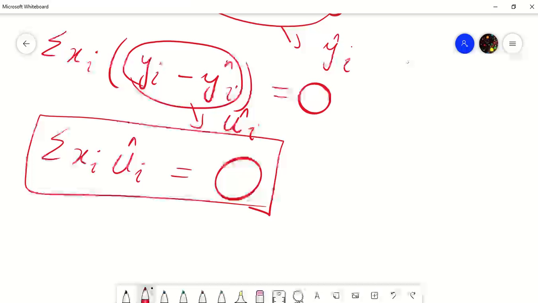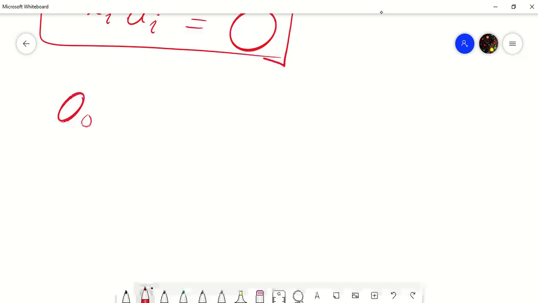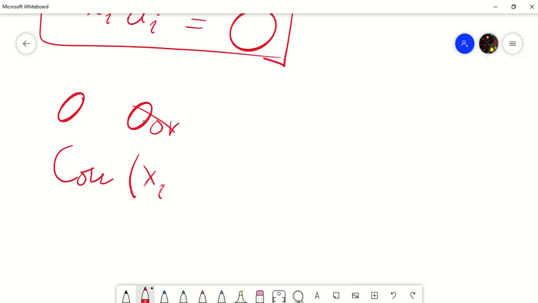Now we want to prove that correlation between xi and mu I hat is equal to 0.